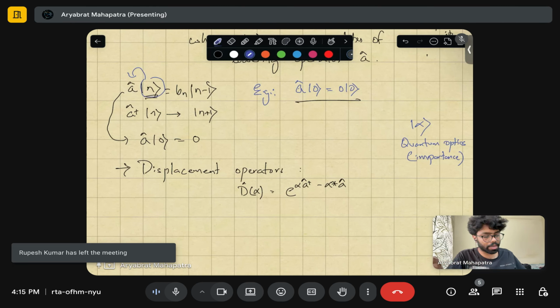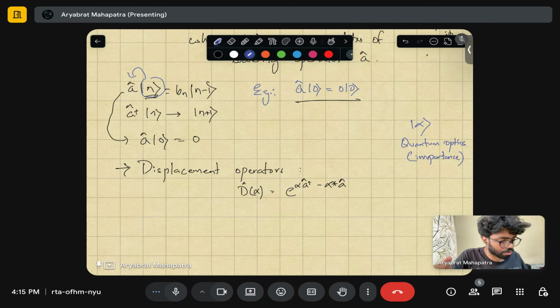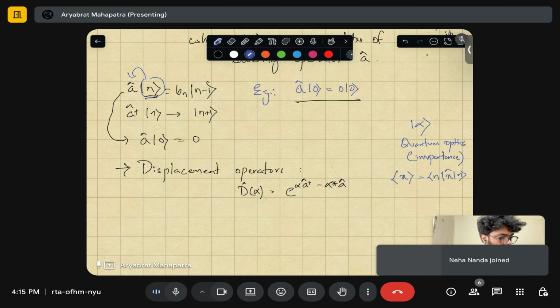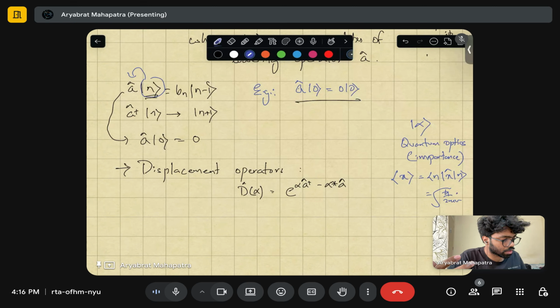For example, last week we saw that if you take the expectation value of the position operator in a quantum harmonic oscillator, in any nth eigenstate, you get something related to h bar over 2 m omega and some other factor multiplied to it, let's say some c1.